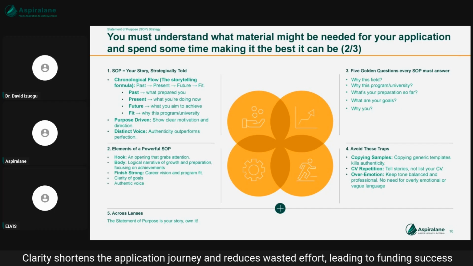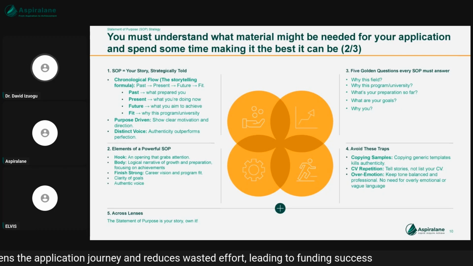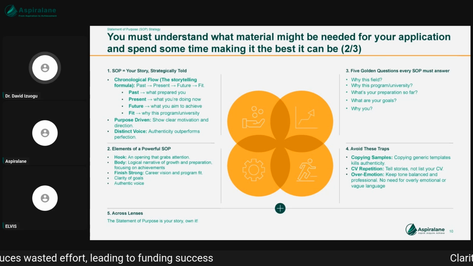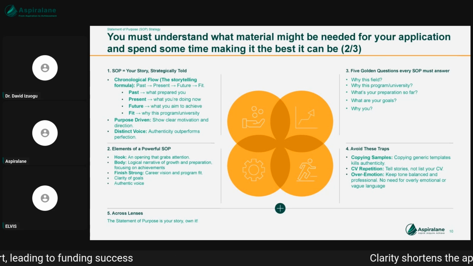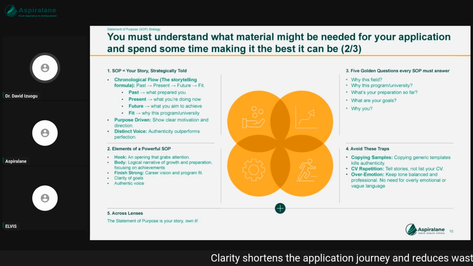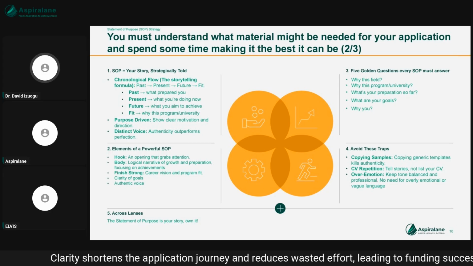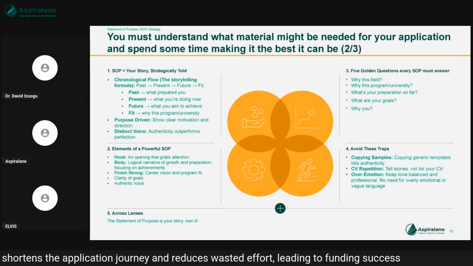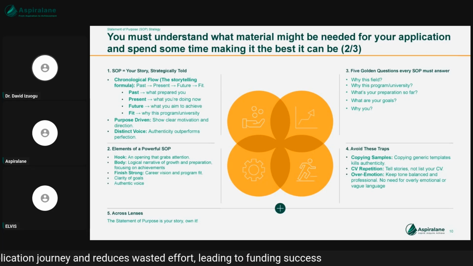First is how you actually own that story, how you tell the story, how you position yourself strategically. And underneath that, there are 3 key things you need to always put at the back of your mind when you are writing your statement of purpose.